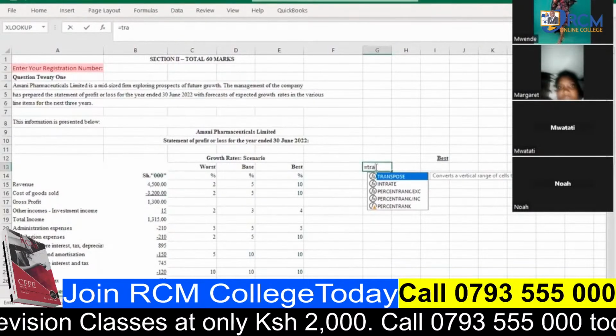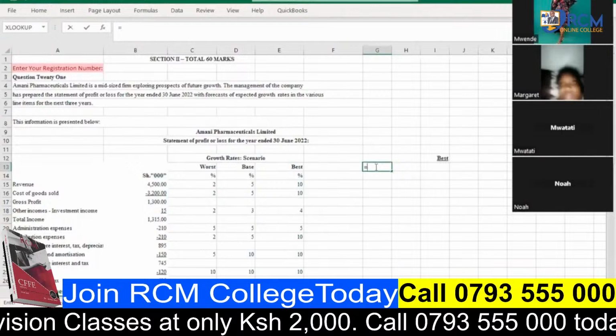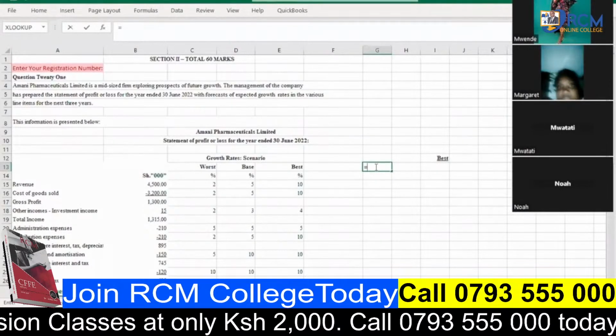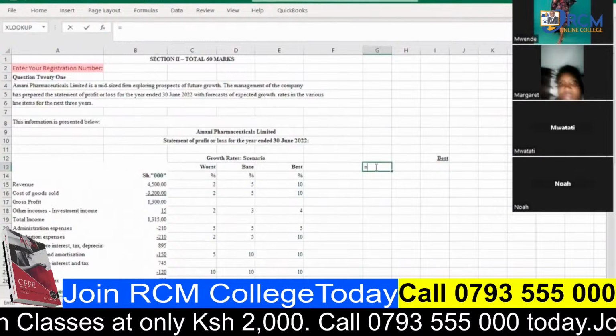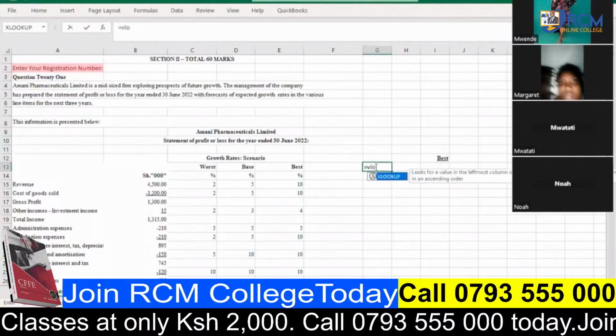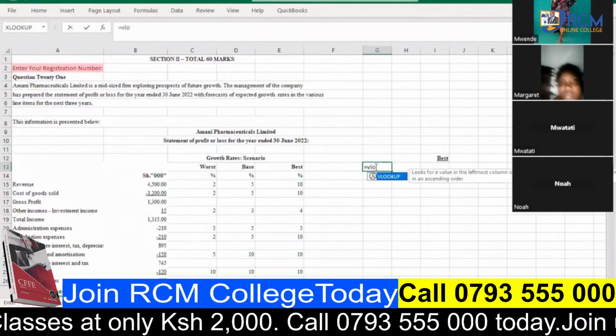Let's get to choice C. We are being given VLOOKUP. Just come to your cell and then type equal VLOOKUP. So what does it say?